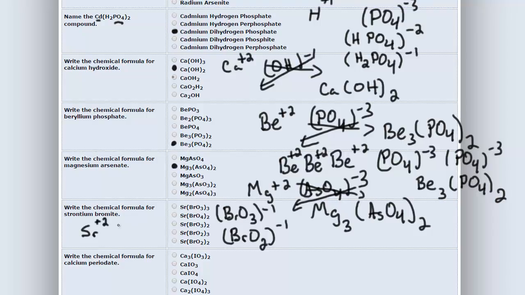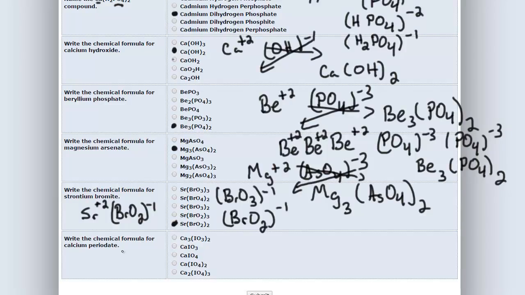And now I have bromite, BrO2, and it is a -1 ion. So my math equation is going to be +2 -1 -1 is 0, so I'm going to need 2 of these bromite ions. So the chemical formula is going to be Sr(BrO2)2.